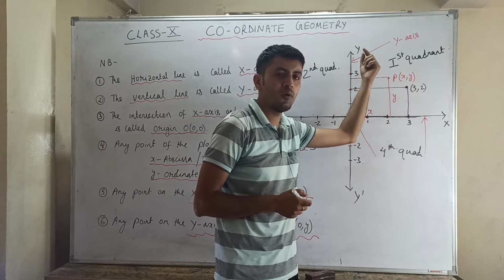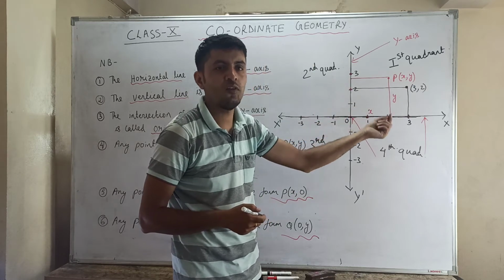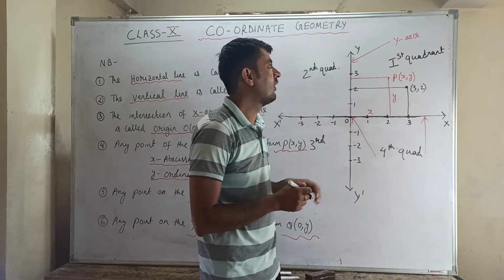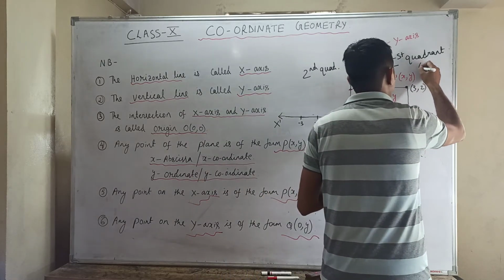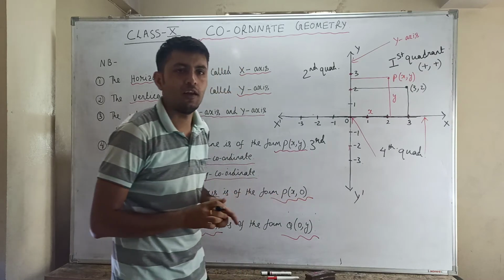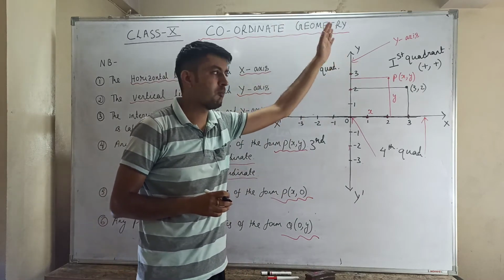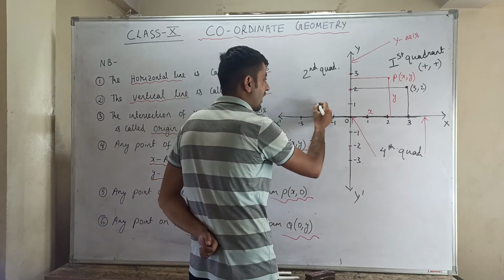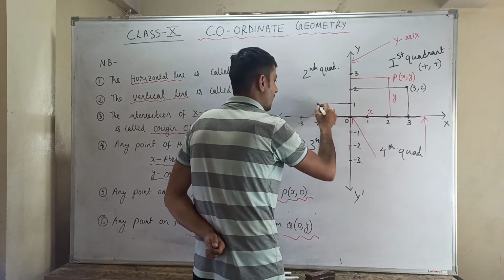So the value of x is positive, the value of y is positive. So any point here is of the form (plus, plus). Now, if I come to the second quadrant, suppose I have to mark this point. You can do it the same way.